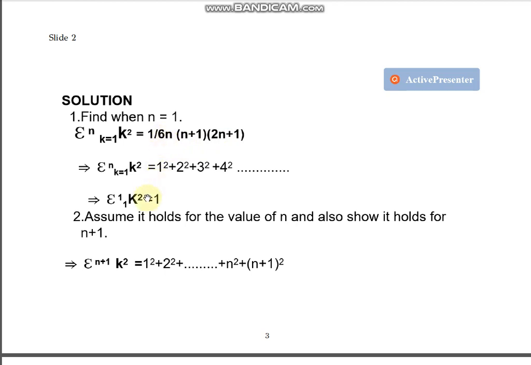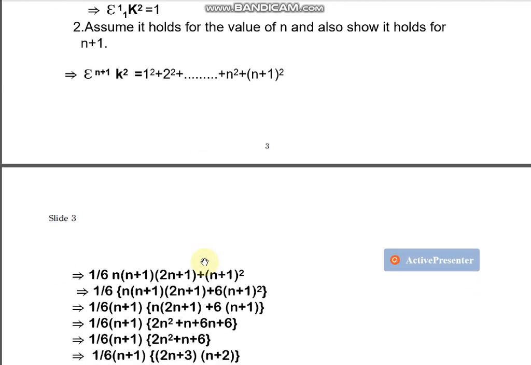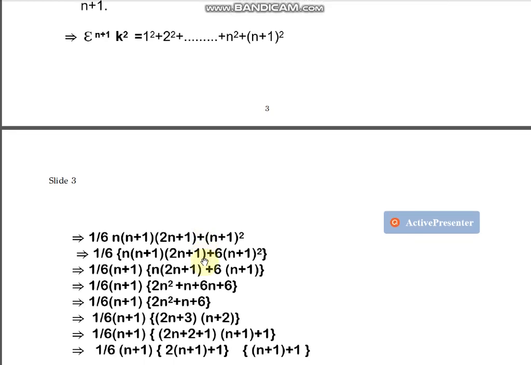Then from there we are moving to assume it holds for the value of n, and also show it holds for n plus 1. I've combined the second and the third condition. So here is our equation, and I've moved on now to simplify further.